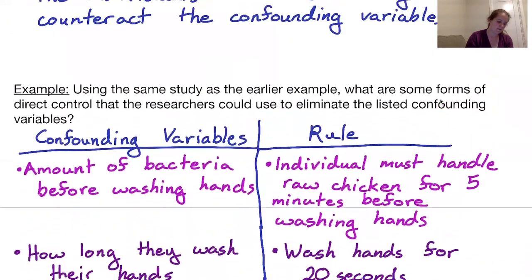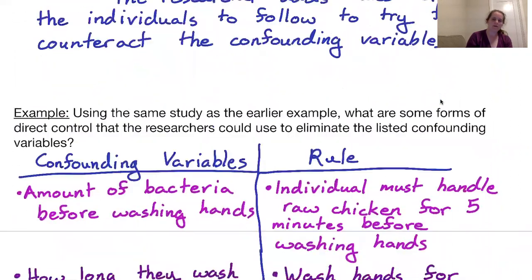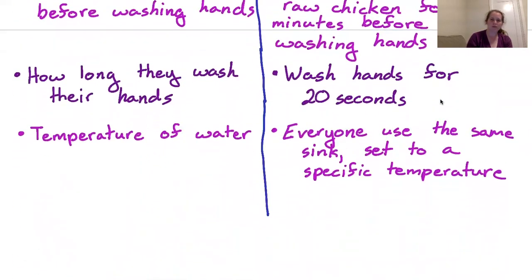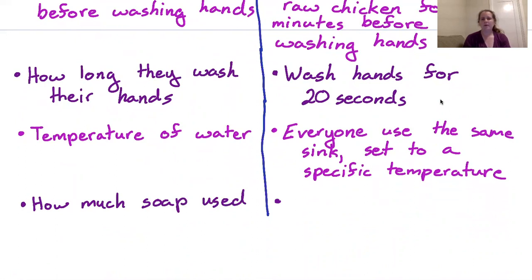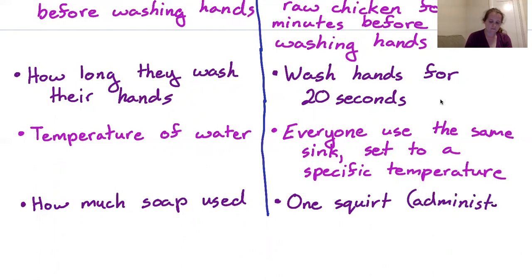And next up was how much soap they use. I apologize for all the scrolling. So they may use one squirt where the researcher is the one that squirts the soap. So one squirt administered by the researcher.